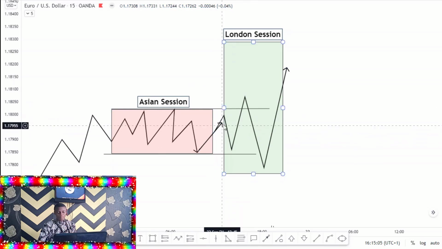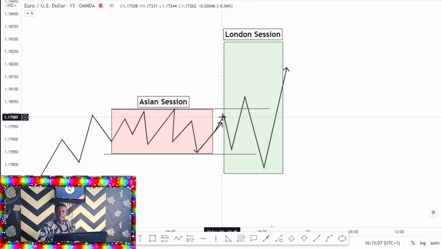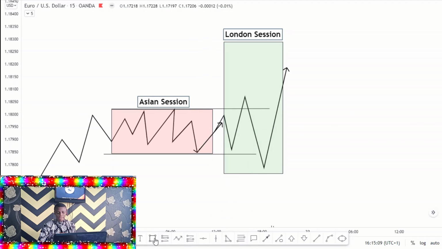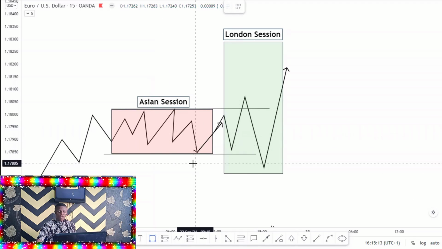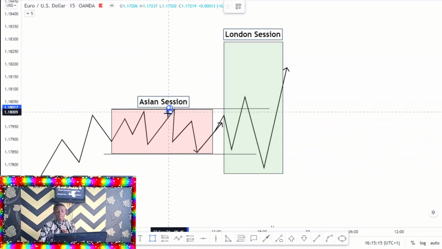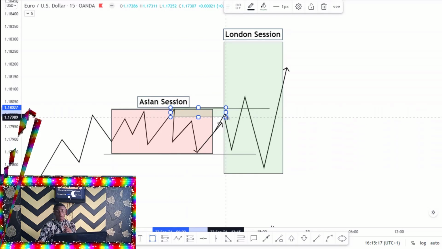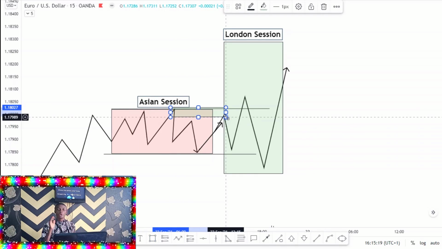Take note, they enticed us to take a buy, and while we took a buy there, price actually mitigated this other block. Even as a smart money trader, you can be manipulated. So it's beyond knowing what order blocks, liquidity and fair value gaps are. Just naming the concepts, smart money trading is beyond that.